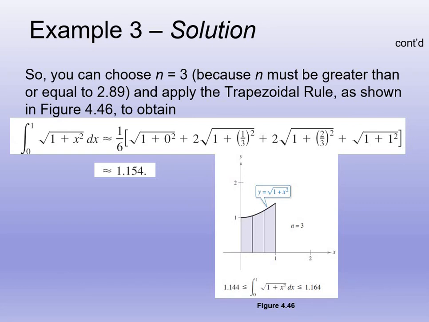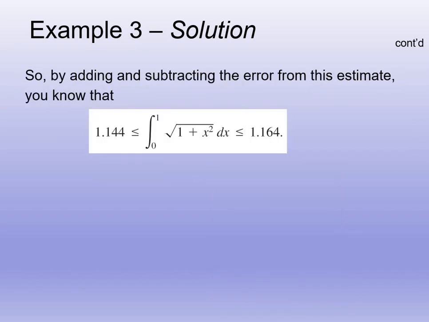So we know that the integral has to lie somewhere between 1.144 and 1.164 when we do the calculations. Okay, so that's very, very important. So that's how we calculate our error estimate using the trapezoid method.